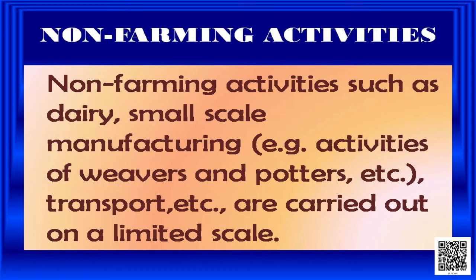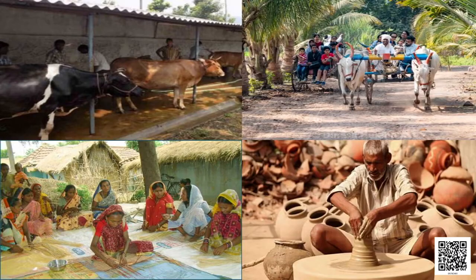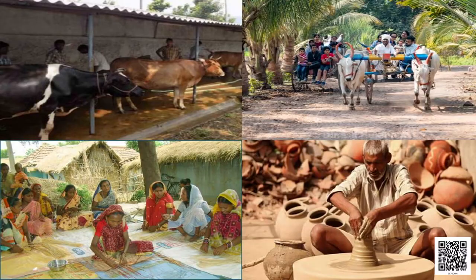Now let us see that. Here through pictorial form I have depicted this, so that at least it will remain in your mind and it will be easy for you to remember those things. See, on the top left you can find dairy farming, then on the right side of the top you can see the transport system through bullock carts, so that is also one of their occupations.